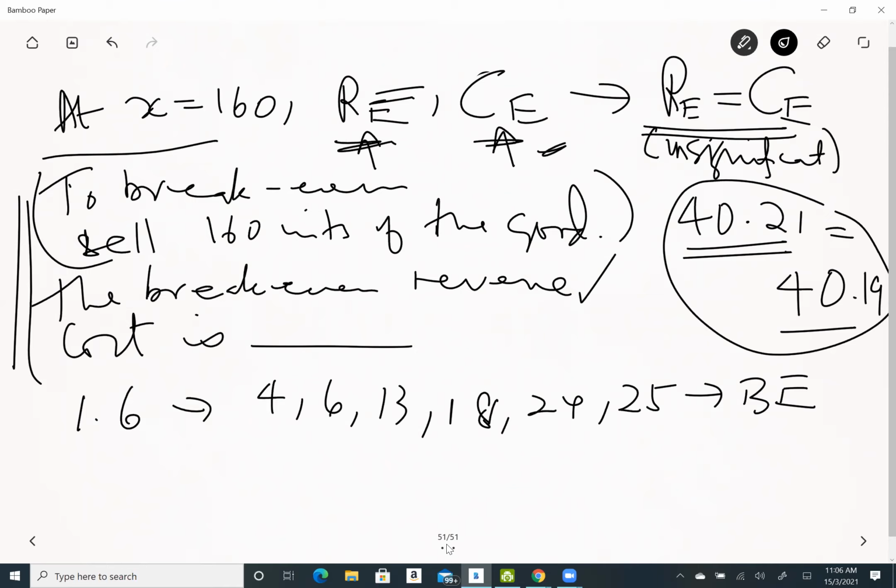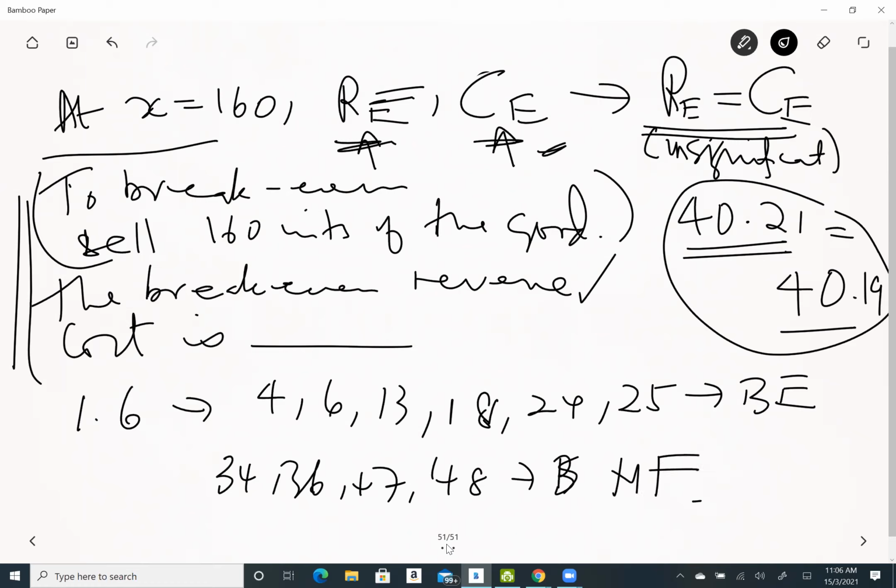The second part here, 34, 36, 47, 48. This one is on the market equilibrium. I'll give you the questions all at once.